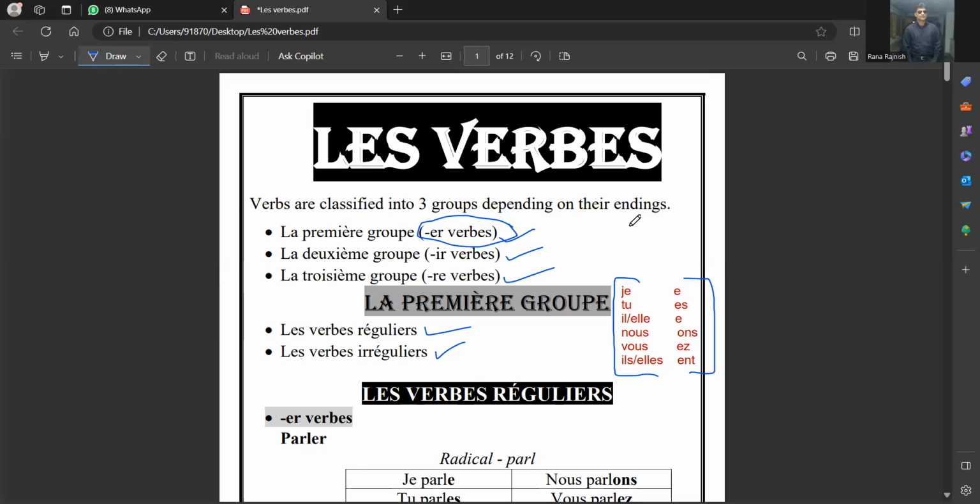Now, what you have to do is, whatever verb you get, I'm just talking about the first group. Now, suppose this is the verb. Whatever verb you get, you remove er from here. When we remove er from here, we get this. Now this word we have to fit in between these.